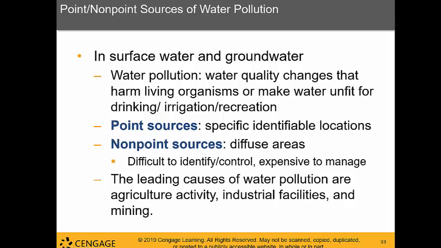There are also a number of chemicals used in mining that eventually end up in waterways. Remember that we talked about acid mine drainage? That's one way that water becomes too acidic for organisms to live there.